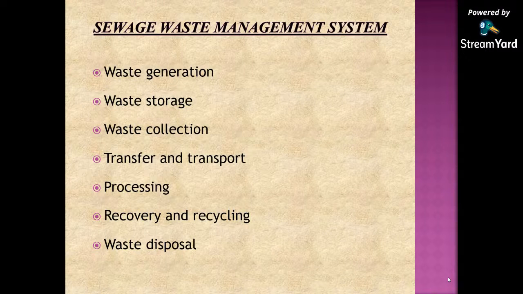Second is waste storage. Storage is the key functional element because collection of waste never takes place at the source or at the time of their generation. The heterogeneous waste generated in residential areas must be removed within 8 days due to shortage of storage space and presence of biodegradable material.